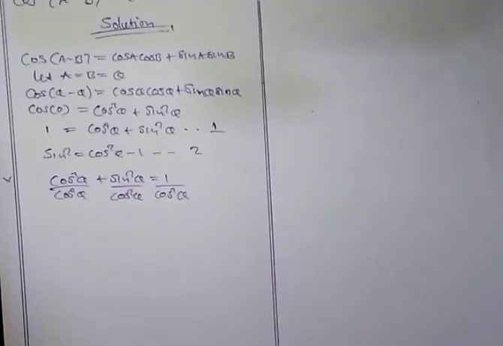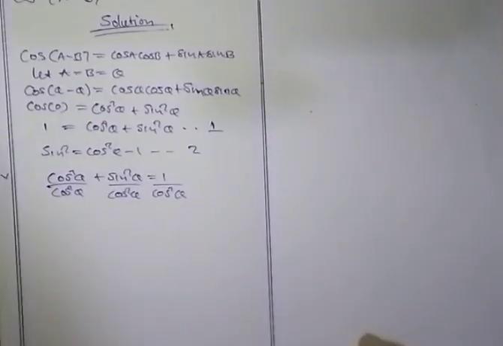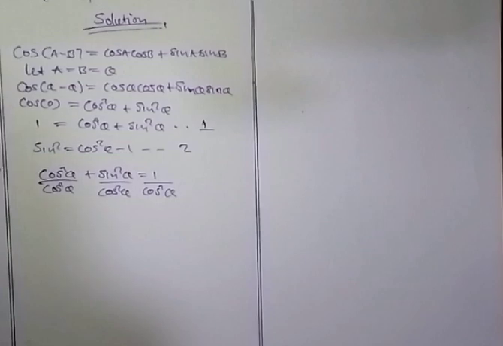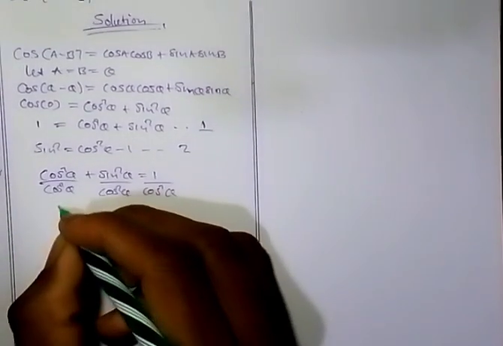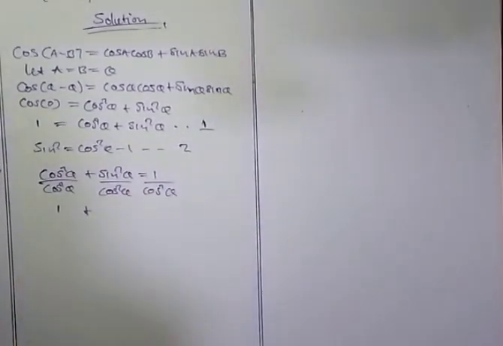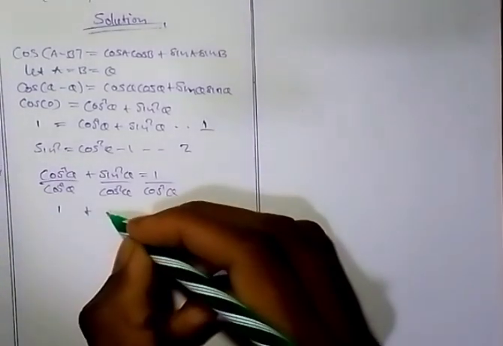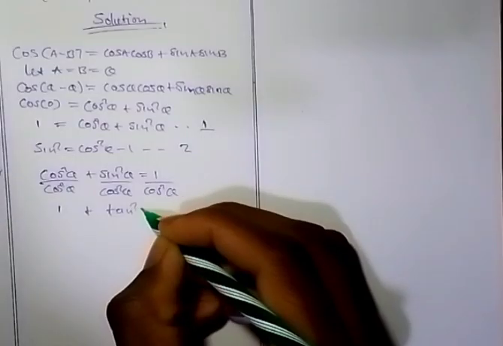Then from here we understand that cos square over cos square, we're going to get 1 plus sin square over cos square theta, we're going to get tan square theta.